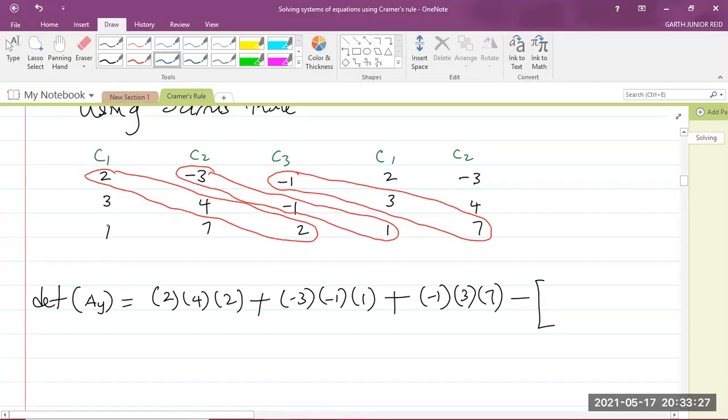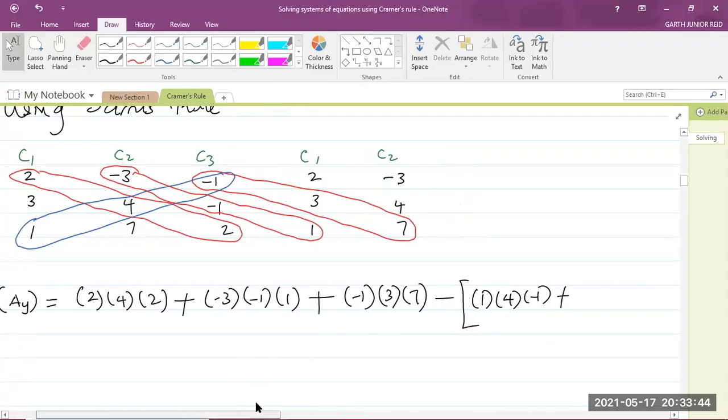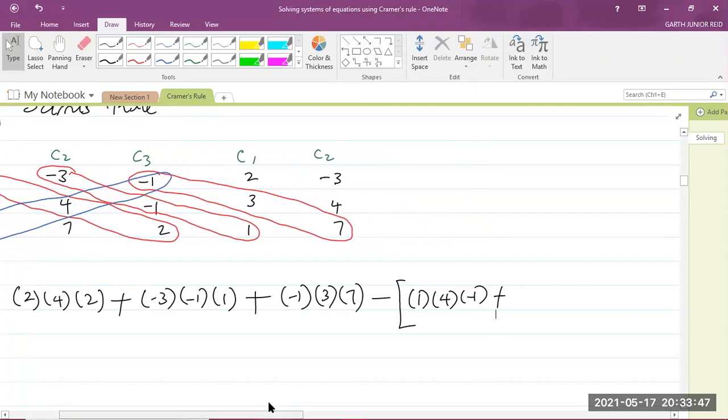The first one is 1, 4, -1, so 1 times 4 times -1, plus the other diagonal, 7, -1, and +2. So 7 times -1 times 2.